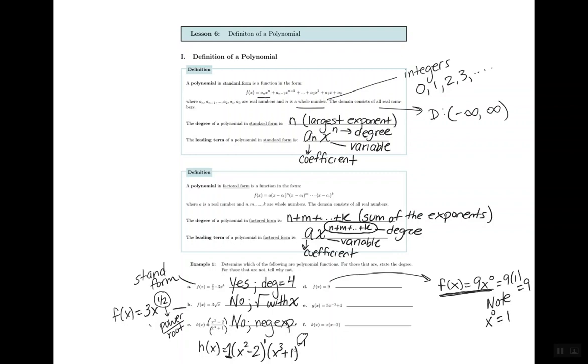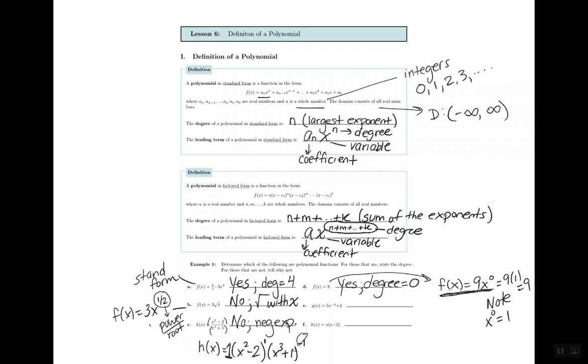Again, the whole numbers represent the integers 0, 1, 2, 3, and all the positive integers after. So we do have a polynomial function here. This is a special polynomial called the degree 0 polynomial, or the constant polynomial. So it is a polynomial, and the degree, which represents the highest exponent since it's written in standard form, happens to be 0 here. So the degree 0 polynomial, or the constant polynomial.